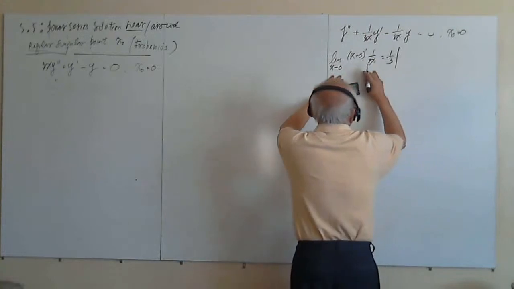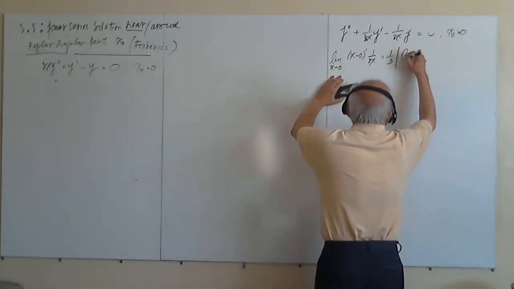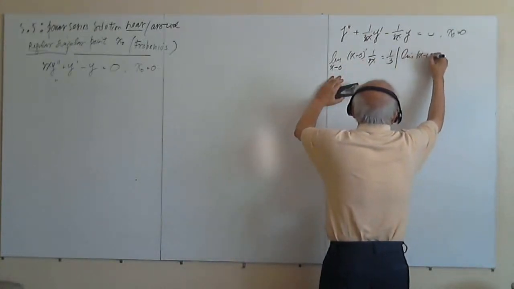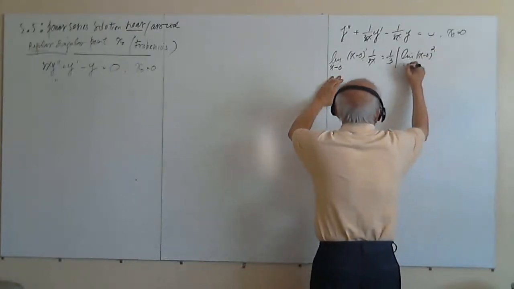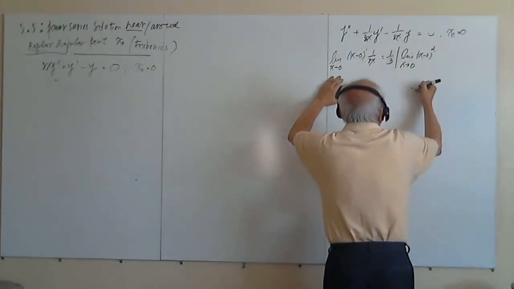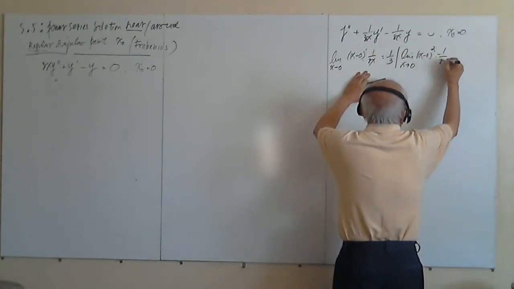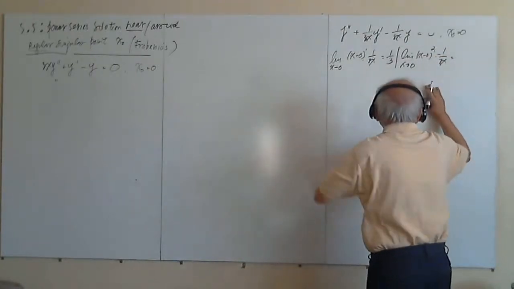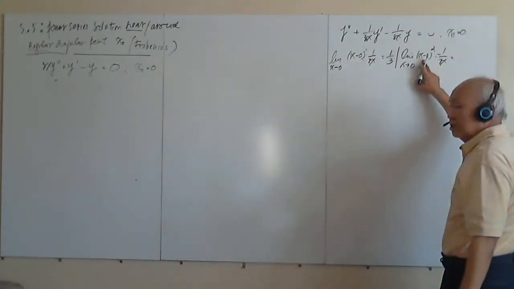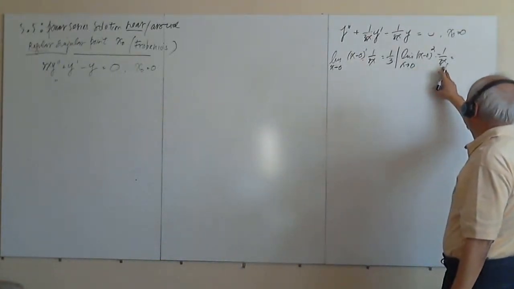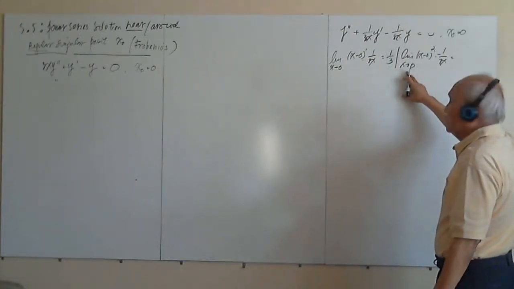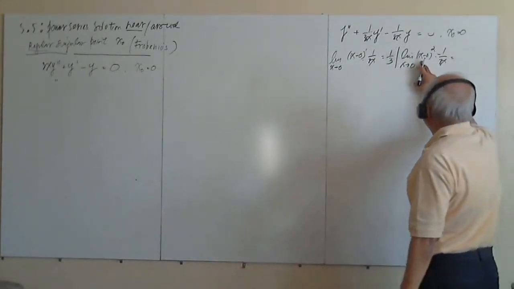I have to go to the second limit expression, which is the limit of x minus 0 squared, as x approaches 0, times negative 1 over 3x. Of course, this one becomes x squared, and this one becomes 3x here. If I plug in x equal to 0, it is going to be equal to 0.